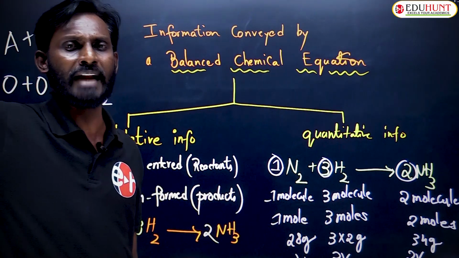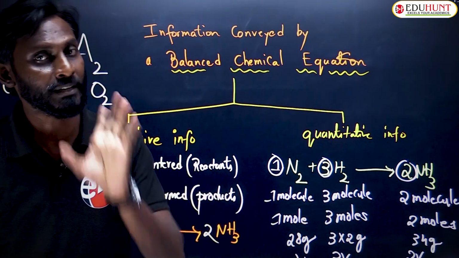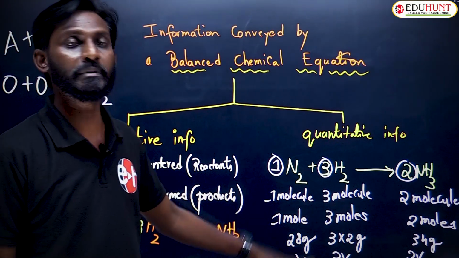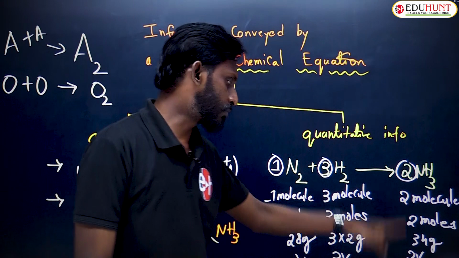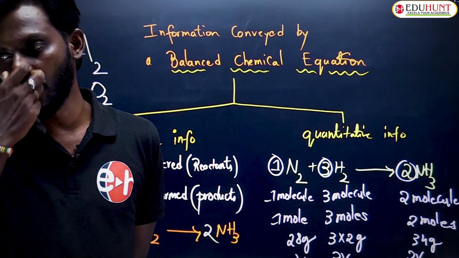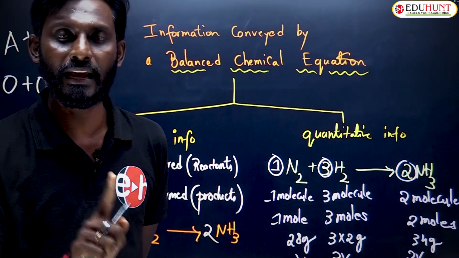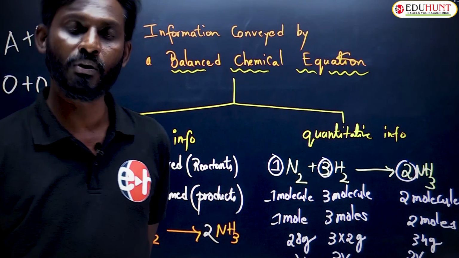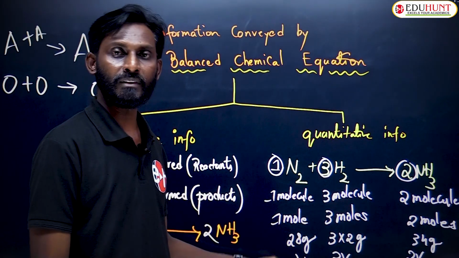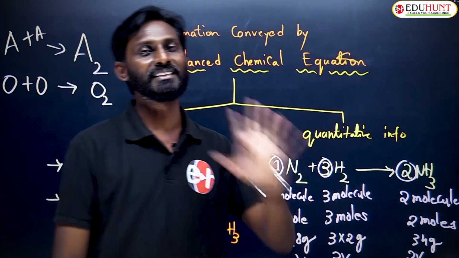There is a concept called ideal gas equation. I'll explain all these things in the mole concept chapter. 1 mole 1 liter means 3 moles 3 liters. Similarly, 2 moles 2 liters. Imagine 1 mole gas volume is 30 ml. If 1 mole is 30 ml, 3 moles is 3 into 30, 2 moles is 2 into 30.